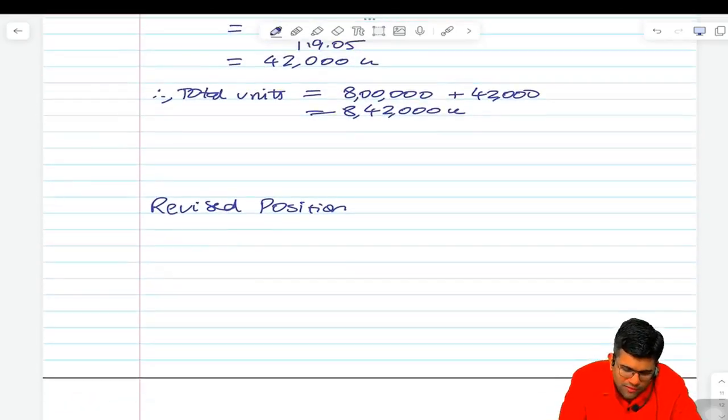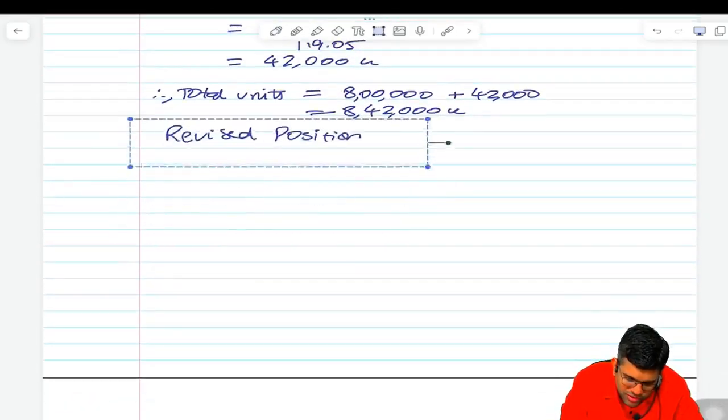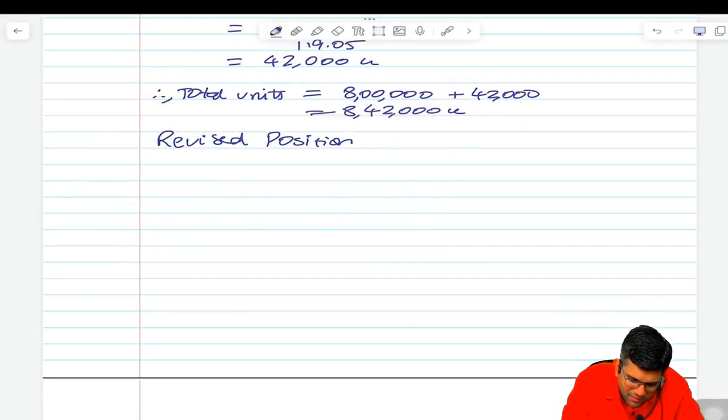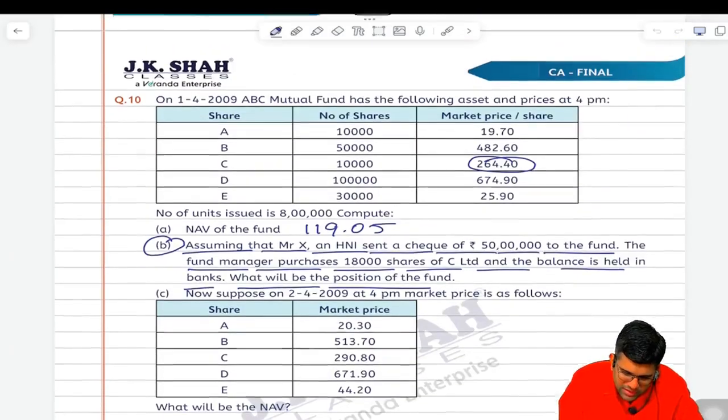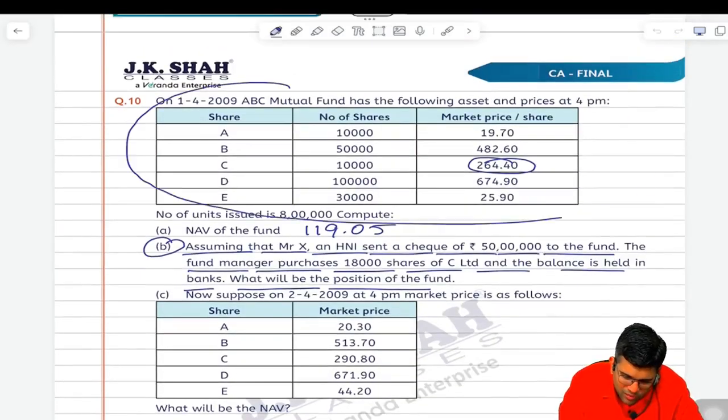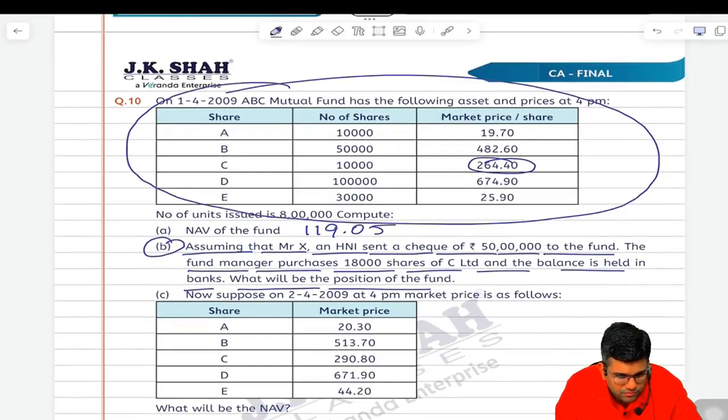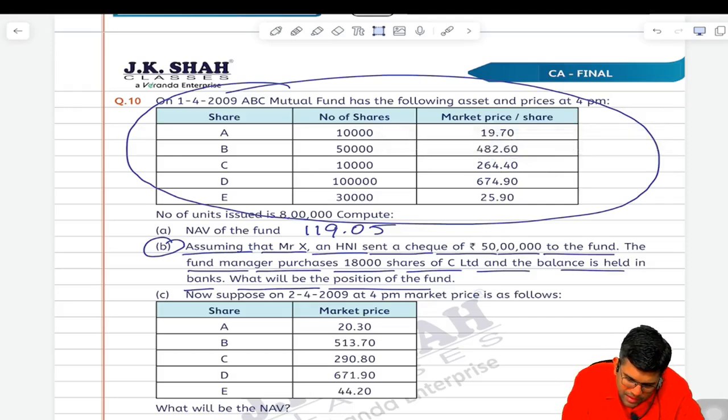Now if I want to calculate the revised position, students, I am giving this to you as a task. Please listen very carefully. You have to replicate what you did some time back, everything same. But you know what will change? In C, you should take 28,000 shares.